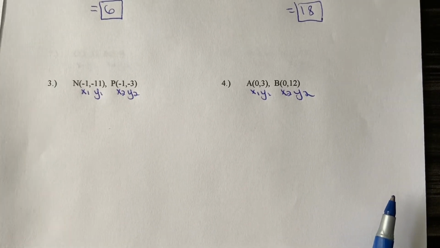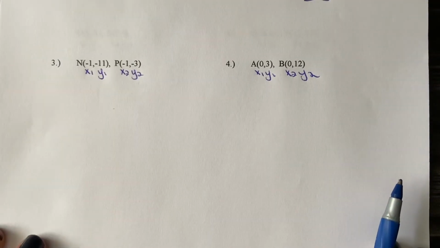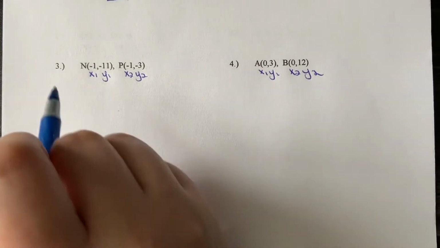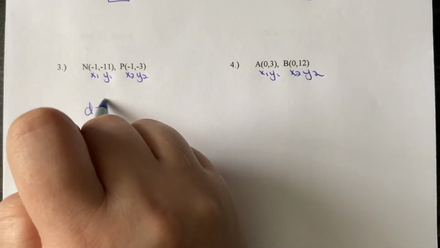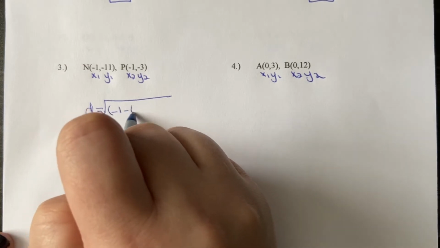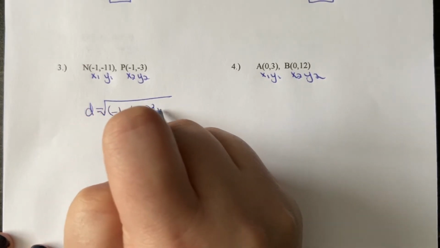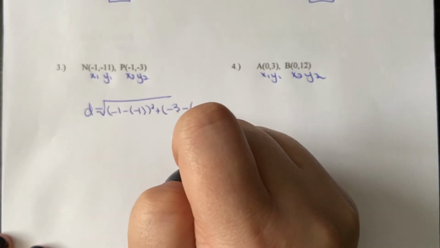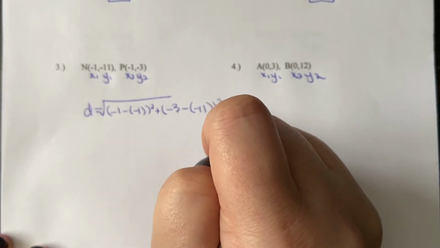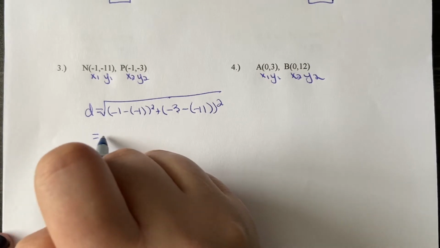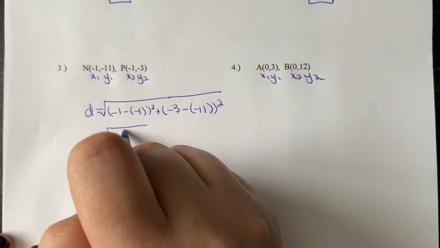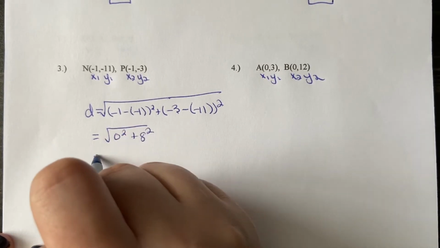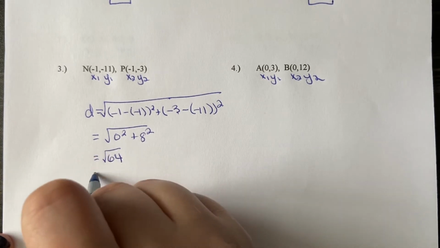Okay, so then for number 3, so far all of our answers have come out nice, which is good. For this one, I have negative 1 minus a negative 1 squared plus negative 3 minus negative 11 squared. So this ends up being 0 squared plus 8 squared, or the square root of 64, or 8.